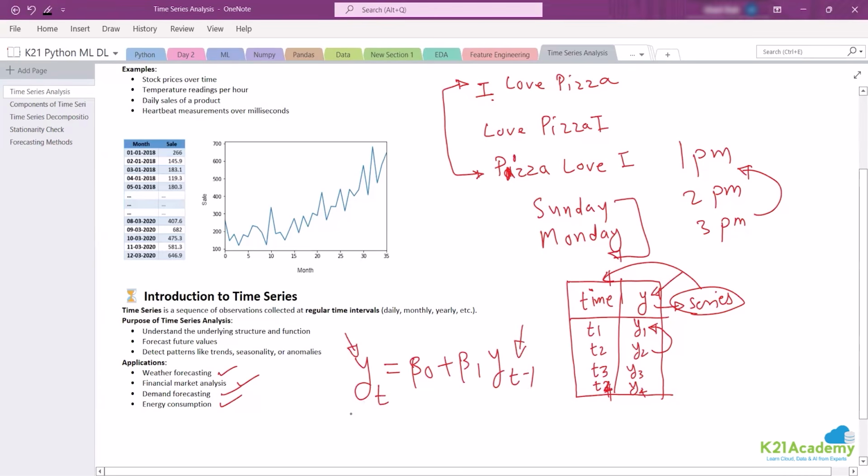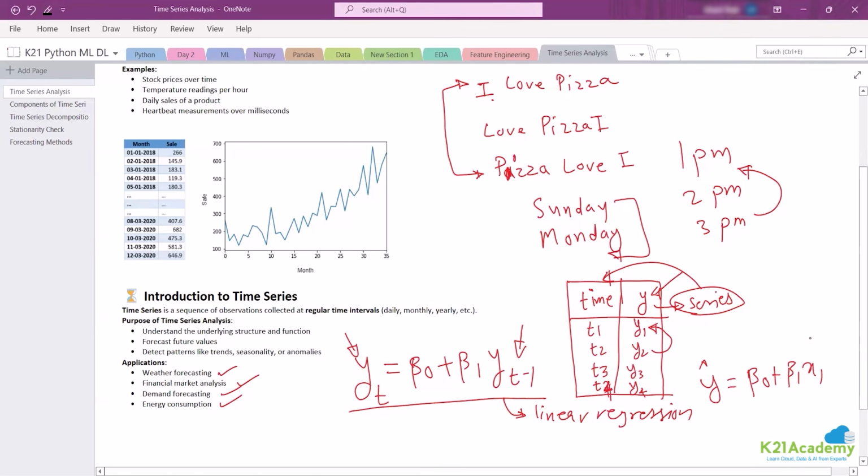Now if you observe this equation, we have used this equation for linear regression. The equation for linear regression was like this: y hat equals beta naught plus beta 1 x1, or x.